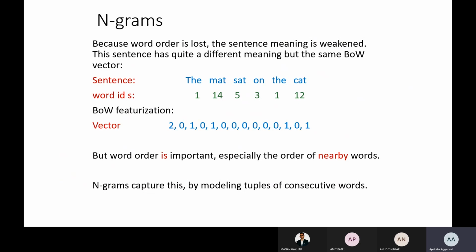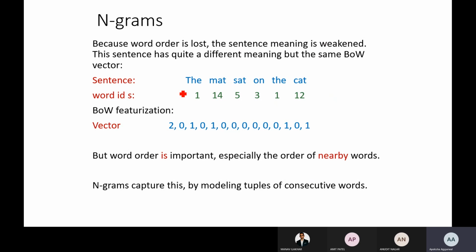Okay, so n-grams. Basically it is a sequence of n words, and these can be unigram, bigram, trigram, and so on up till 5. Generally we do this. And why do we do this? This is very important because, let's look at this example.